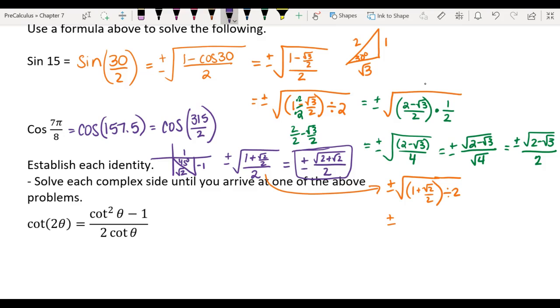I'm going to find common denominators here, so I'm going to times this by 2 and the bottom by 2. So I get the square root of 2 plus square root of 2 over 2, and then times 1/2, which equals positive and negative square root of 2 plus the square root of 2 over 4. And remember that square root separates. So it's positive or negative square root of 2 plus the square root of 2 all over 2.